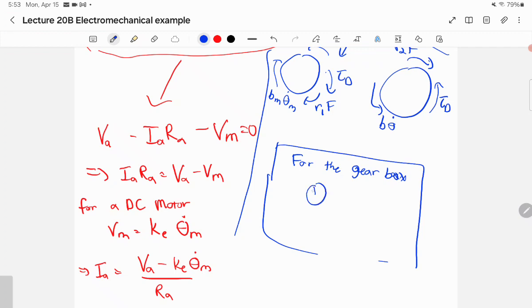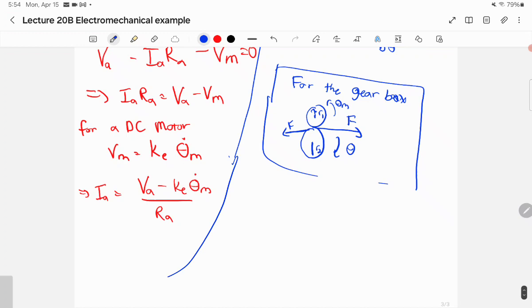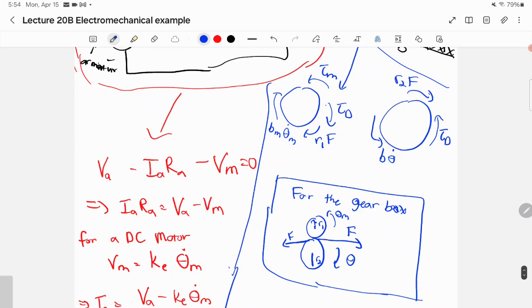We have this little thing, R1, and the force is going to come out that way, along with this bigger one, R2, for which the force is going to go this way. Okay, and obviously those forces are going to balance each other.